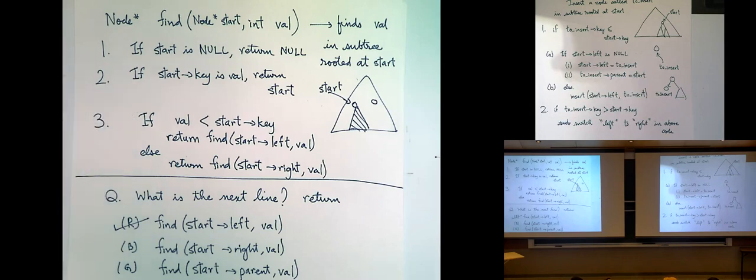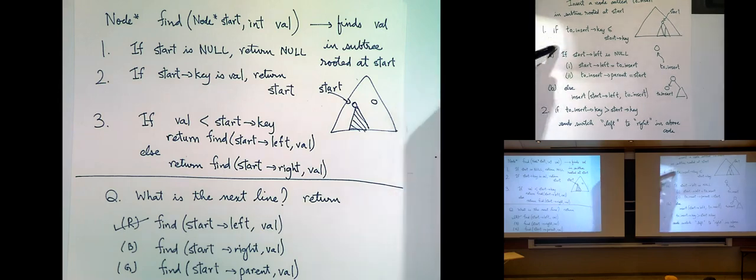Does that make sense? No, you don't seem convinced. Yes? That's essentially one way of thinking about it. The point is that you'll always find a place to insert that is valid.